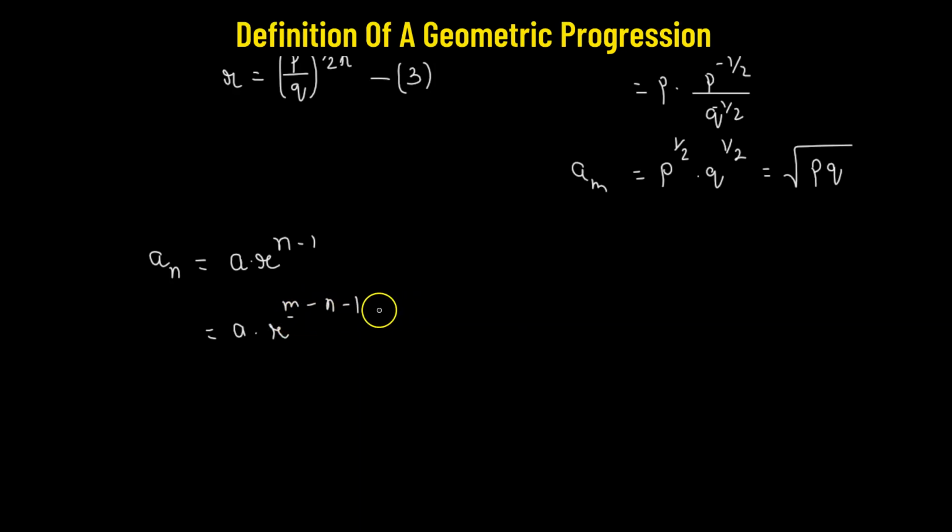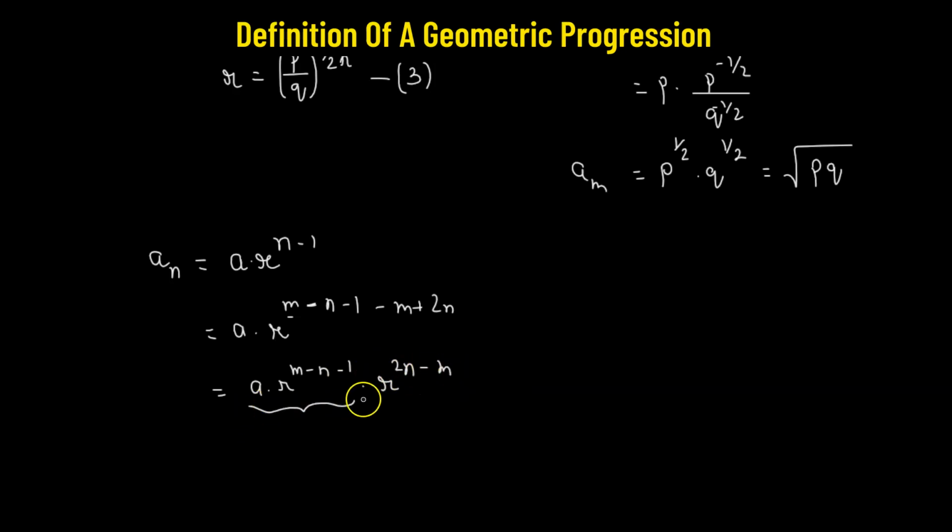So here positive n, this is an extra term, negative m, and since we have n here, n value is positive, but we have considered here negative n, so that means we're going to add 2n to it. We'll get now a times r raised to the power of m minus n minus 1 times r raised to the power of 2n minus m.